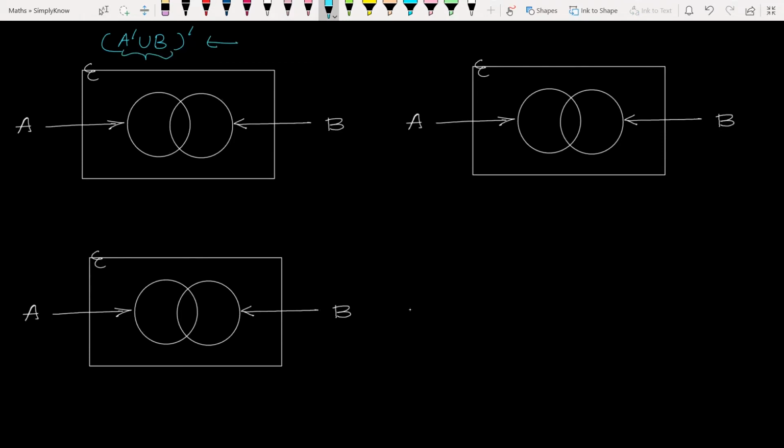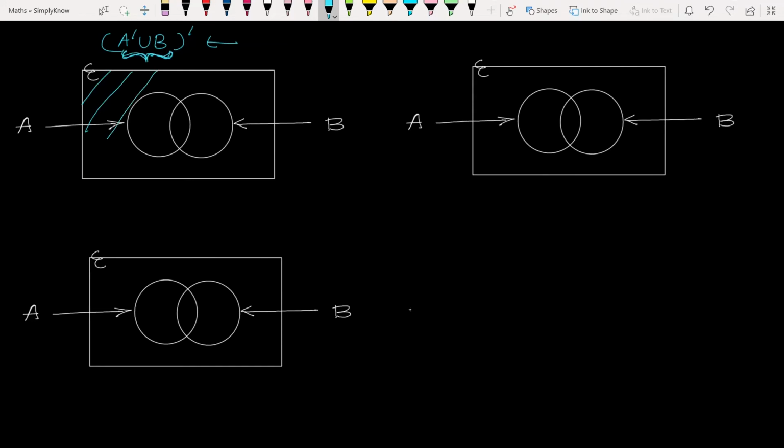Complement of A complement union B is the opposite of A complement union B. So what we do is, in our first step, we shade this region, A complement union B. So A complement means everything in A complement.